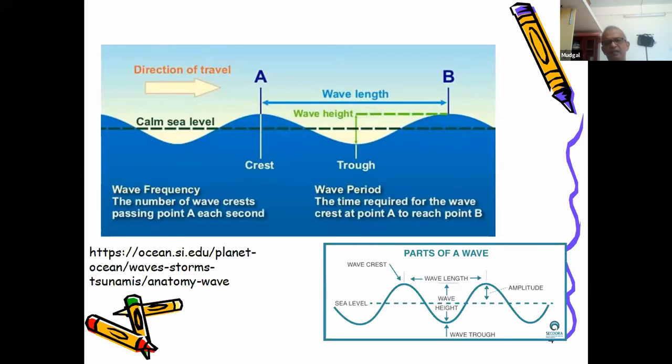Waves are unending all throughout the year, and a lot of effort is now focused on how to tap the energy carried by the waves. Wave energy converters are very popular these days, and a lot of people are looking into them. Of course, I will not be touching upon wave energy converters as such. I will only be focusing on wave hydrodynamics.